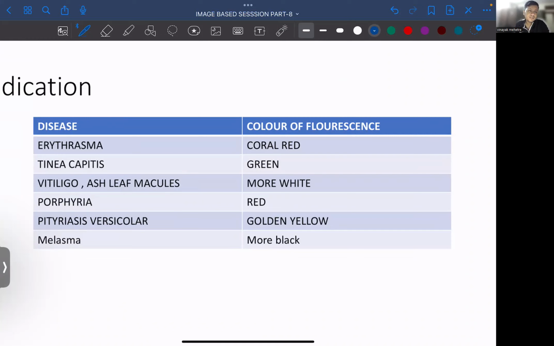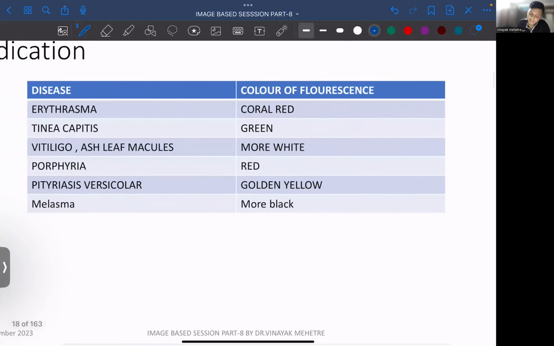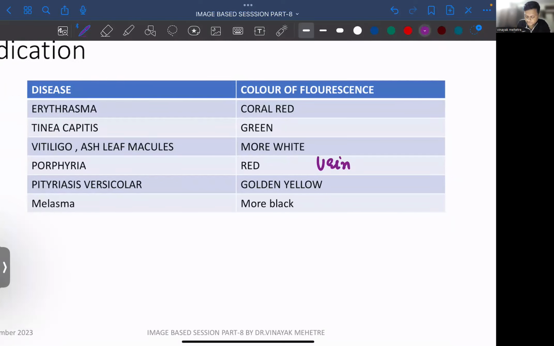Remember, if they say porphyria on Wood's lamp, urine color is pink. Pink, but on urine, not on organs. Make it clear. What will be red specifically? Teeth will be red, right?